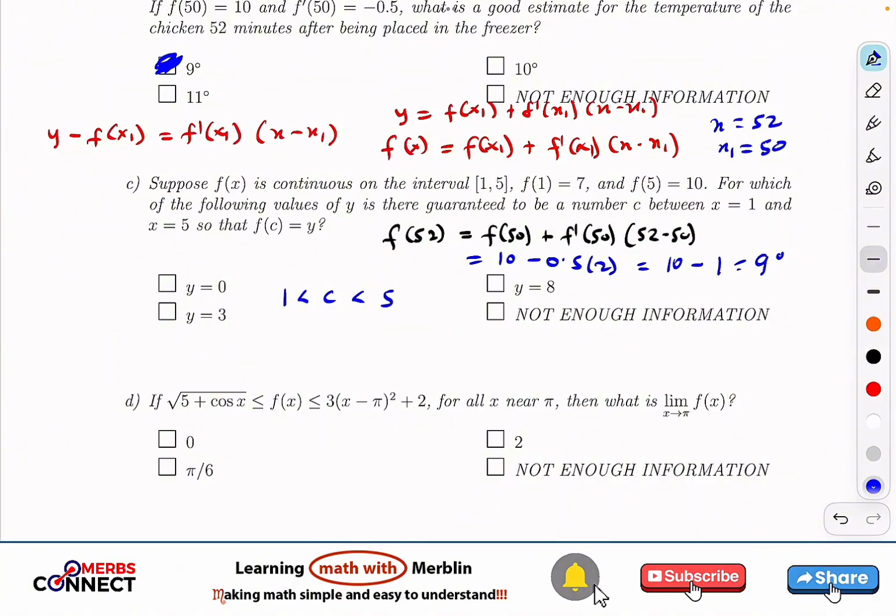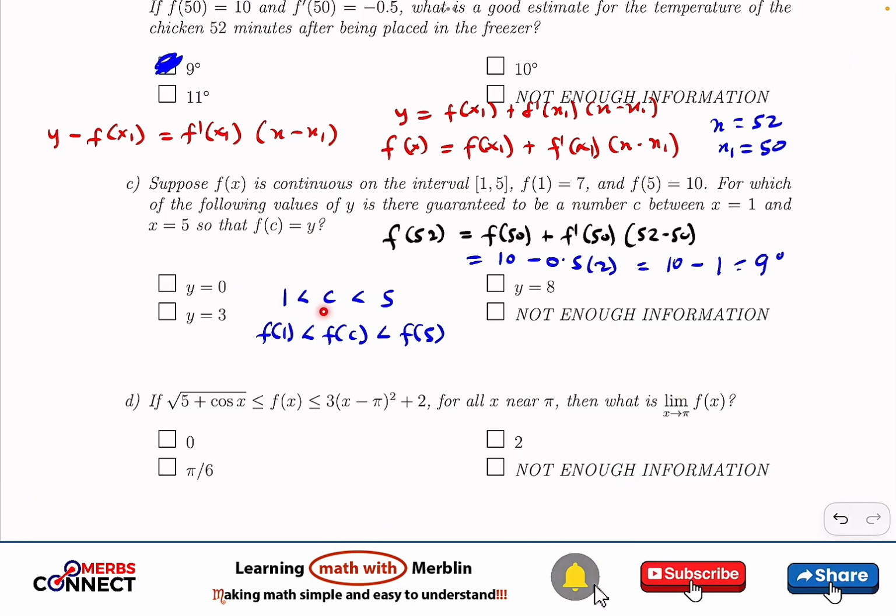I'm just going to pick f on the function and have f of 1 less than f of c less than f of 5. So this is the intermediate value theorem. If c is between 1 and 5, then when I plug in 1, 5, and c inside the function, the inequality is going to hold. f of c will still lie between f of 1 and f of 5. But the question is, what is f of 1? f of 1 is 7.